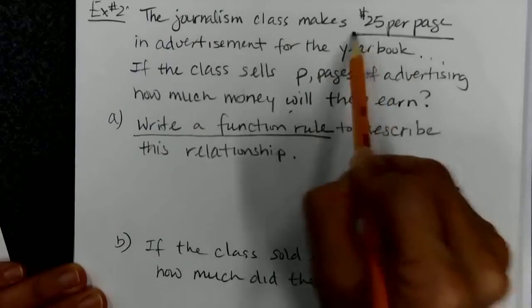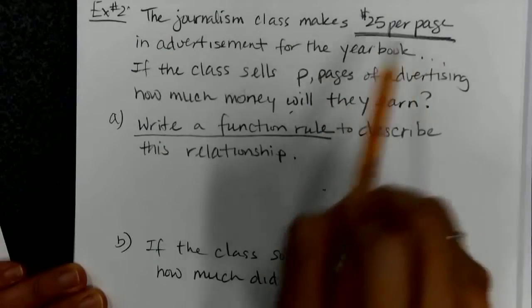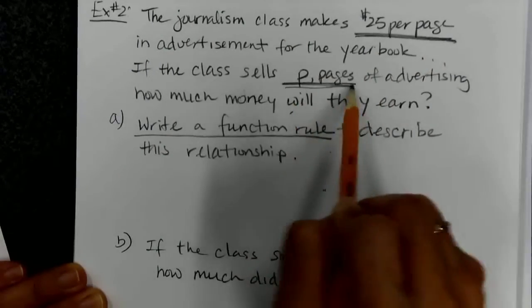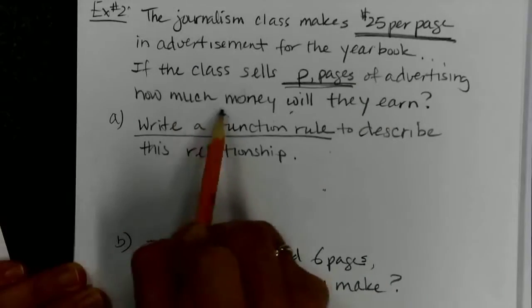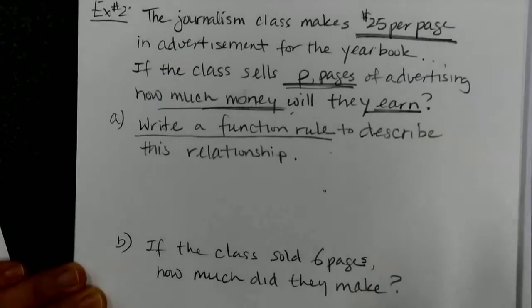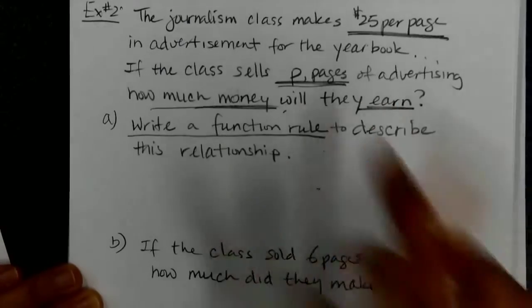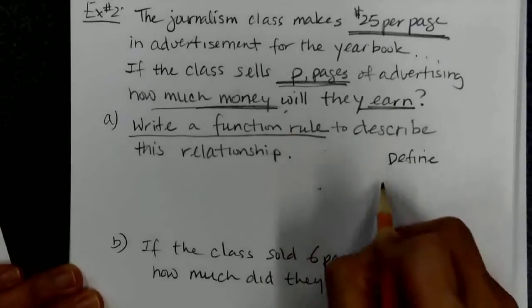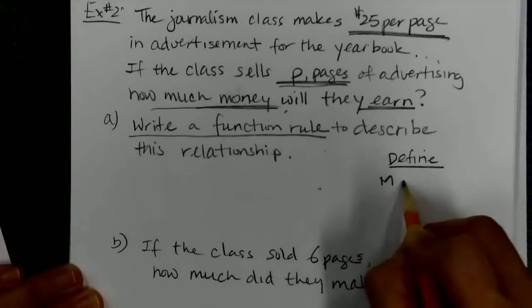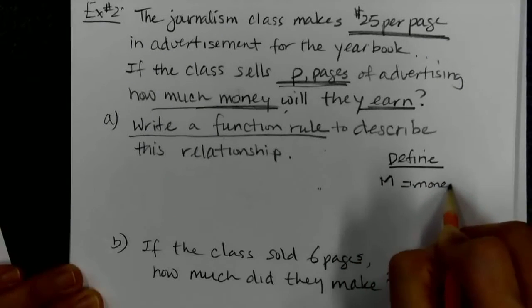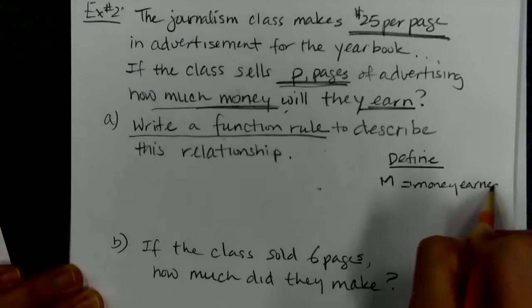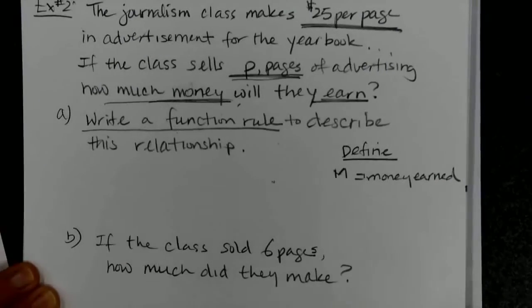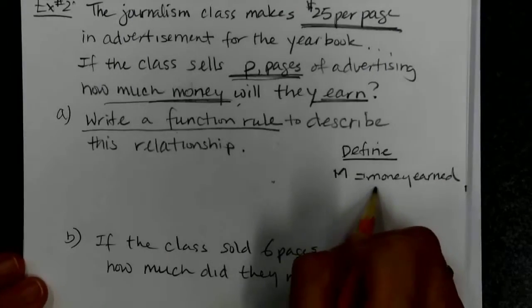In this case, the journalism class makes $25 per page, and they said that P stands for pages, and we're trying to figure out how much money will be made. So I already have one of the variables, so I have to define another variable for the money made. So we're going to use M for money earned.